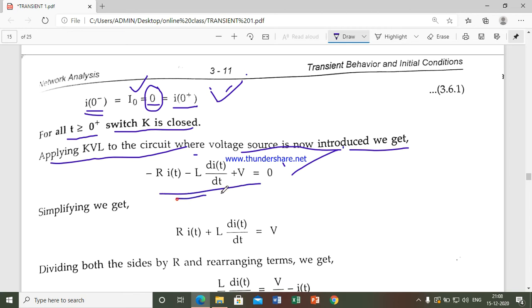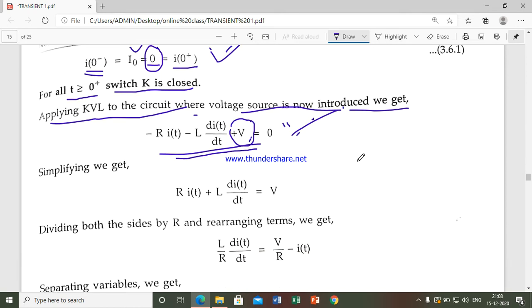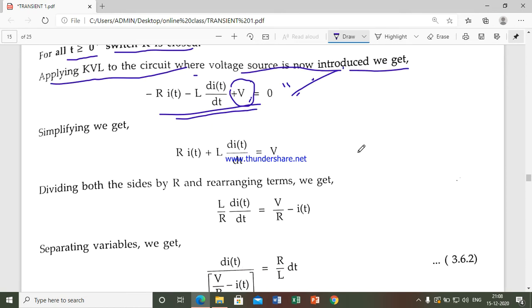This is the expression by applying KVL for the circuit for the instant t greater than or equal to 0 plus, because you have applied the voltage source V. Whenever the switch is turned on, voltage source V will be introduced in this circuit. So the remaining expression is minus Ri minus L into di by dt plus V equal to 0.